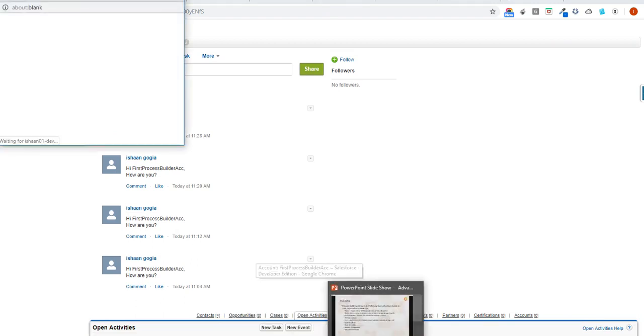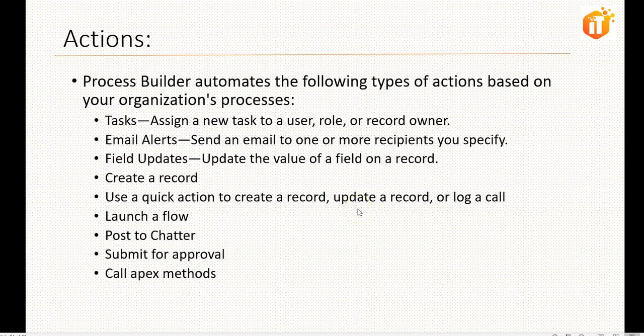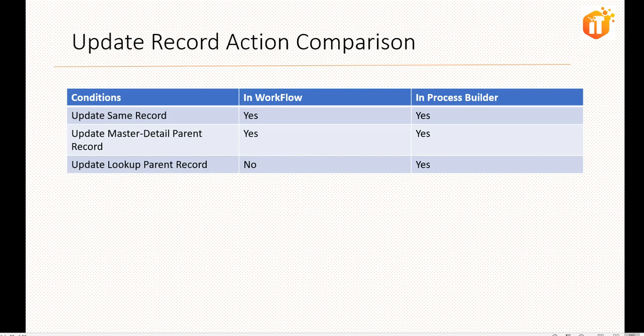So the next thing that we are going to compare, which I've told you guys but wanted to give you a representation of, is whenever you are performing an update record action, what is the comparison between a workflow and a process builder? I have told you multiple times, if you are going to update the same record, you can do that in both the workflow and the process builder.